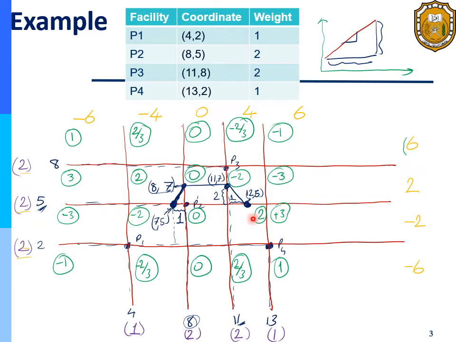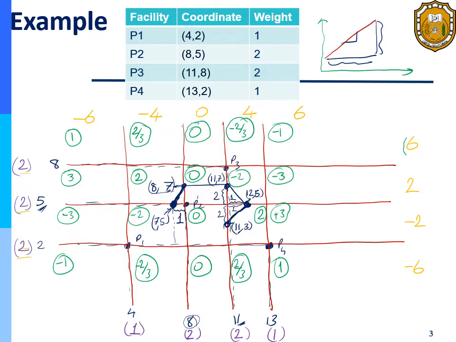Since it is +2, the line should be something like this in this grid. And I know this distance to be 1, then in order to have the slope to be 2, this y distance should be equal to 2. Starting from 5, I am going 2 units down, so it means that this coordinate is 11 and 3.